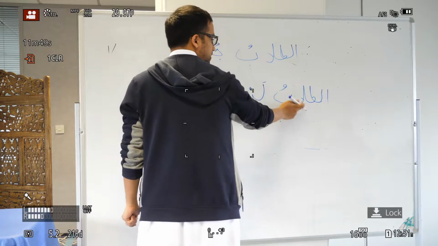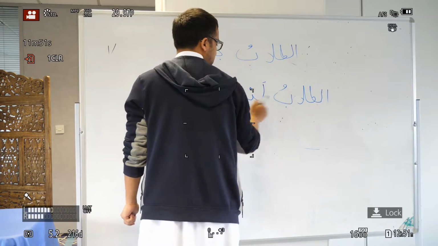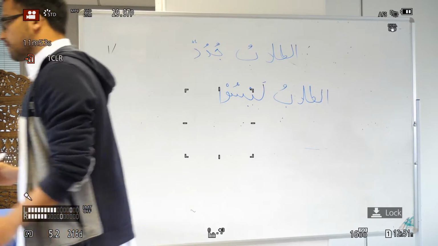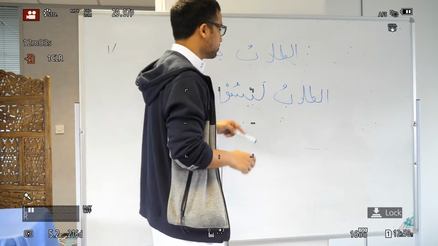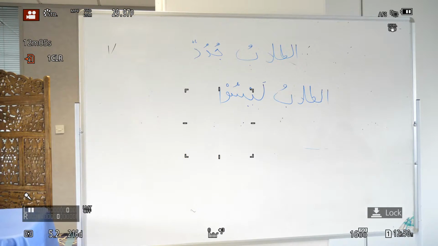Because this second part has to agree with the first part. Is this plural? So this has to be plural as well. Whereas if you begin with laysa, you can always start with laysa or laysat. Okay? At-tullabu laysu. So finish it off, at-tullabu laysu jududan or bijududin.